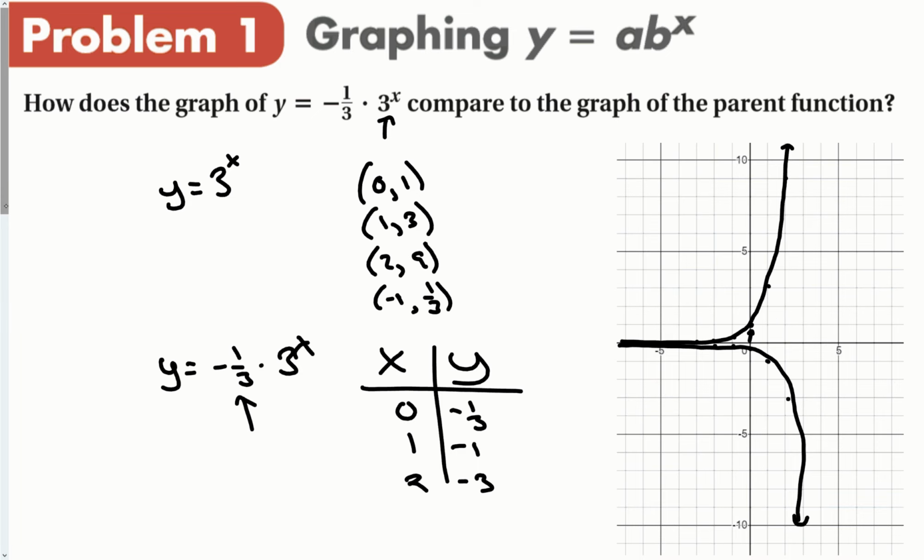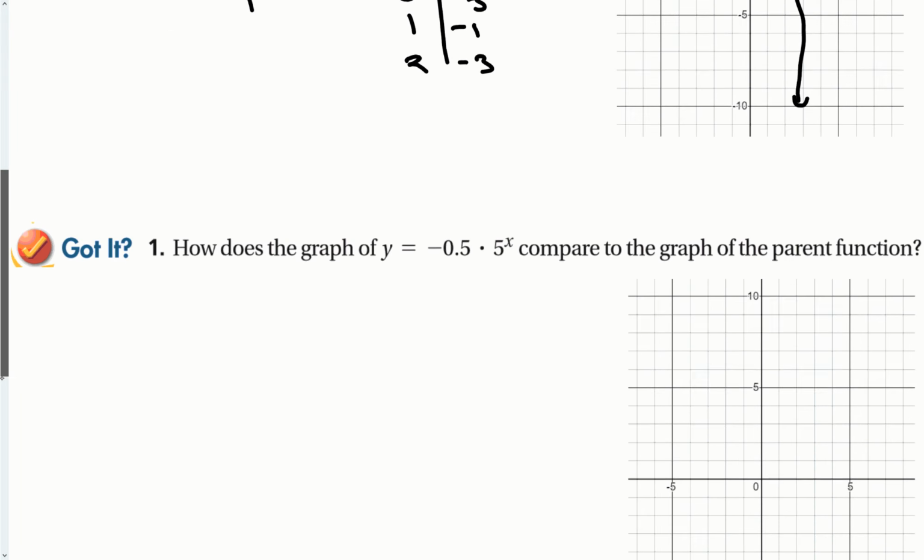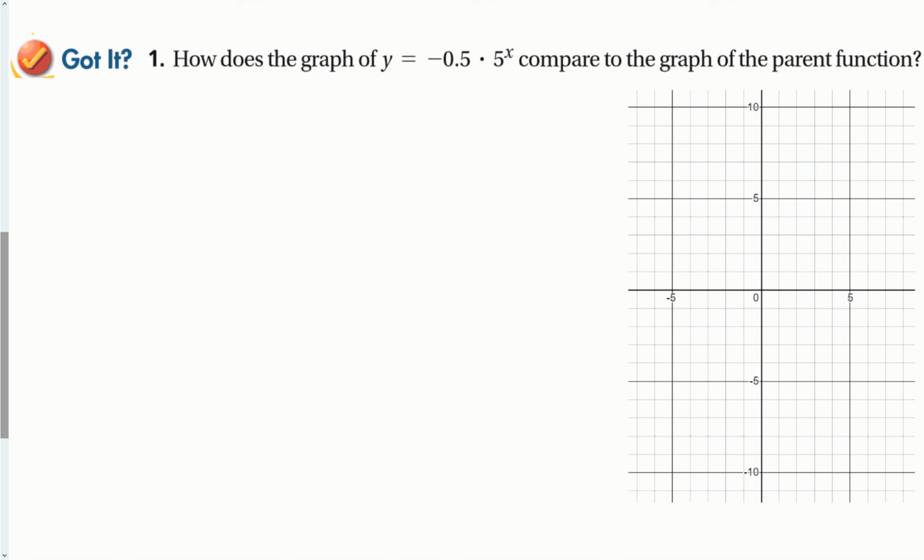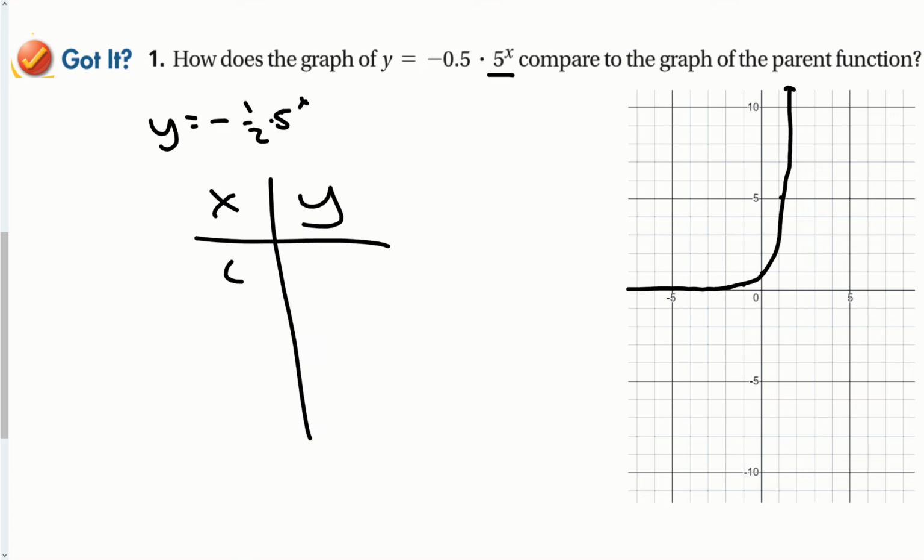We can do this with any type of function. Here's my parent, 5 to the x power. That's 1, 5, and then 25, and we get my graph just by plugging in points. Then to get negative 1/2 times 5 to the x power, if I make my graph here, same concept, negative 1/2. Plug in 1, that's now negative 5 over 2, which is negative 2.5.